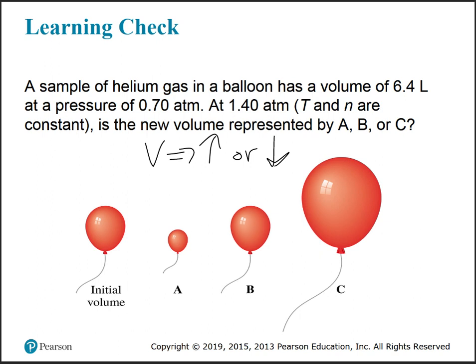If we're going from 0.7 atmospheres to 1.4 atmospheres, we're increasing the pressure. If we're increasing the pressure, what has to happen to the volume?